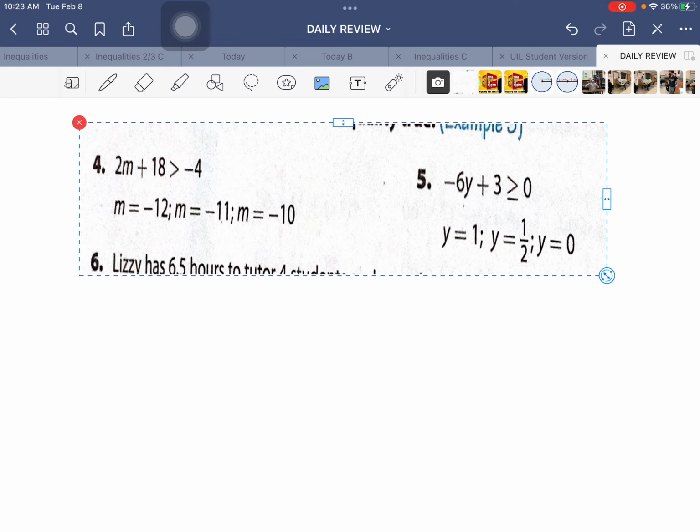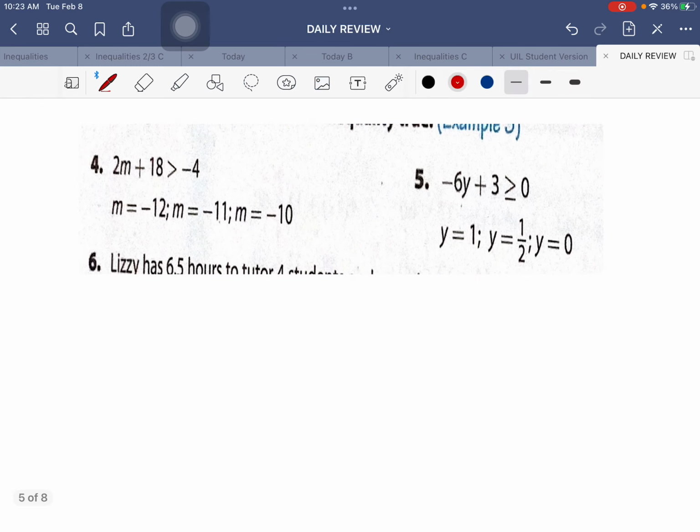Mr. Kazir? Okay, first one. What do you get when you multiply 2 and negative 12?